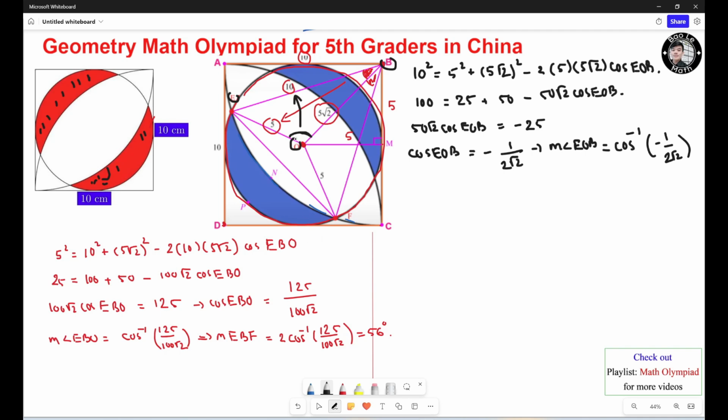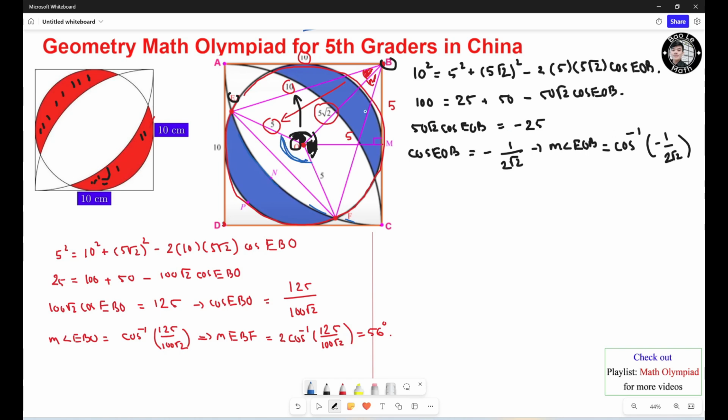Now observe that this angle right here and this angle right here must be the same. This one is the cosine inverse of negative 1 over 2 root 2, and this one should be the same. So basically this one is double this one, so you multiply by 2. Next, you need to find the measure of this angle right here.